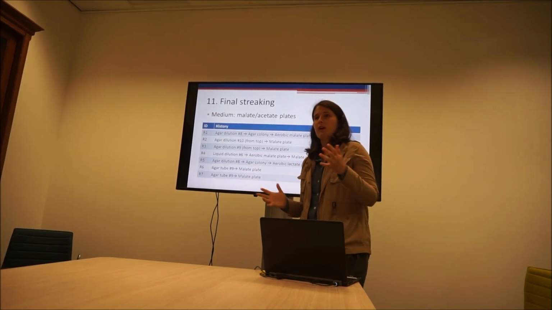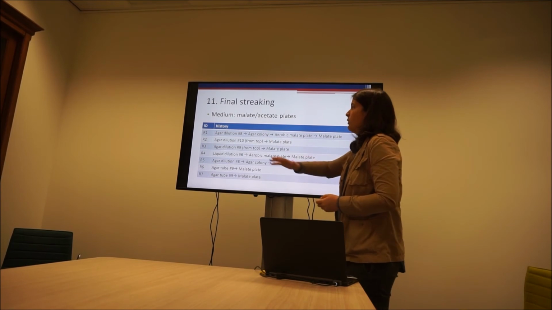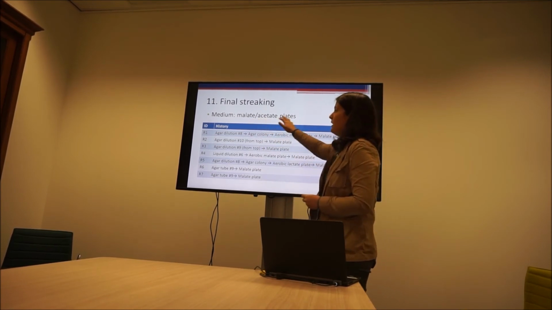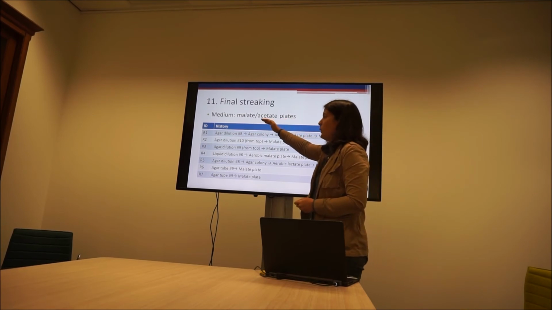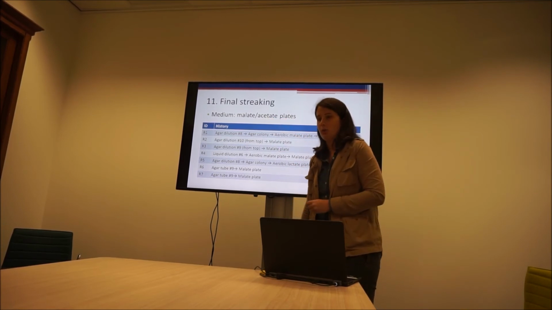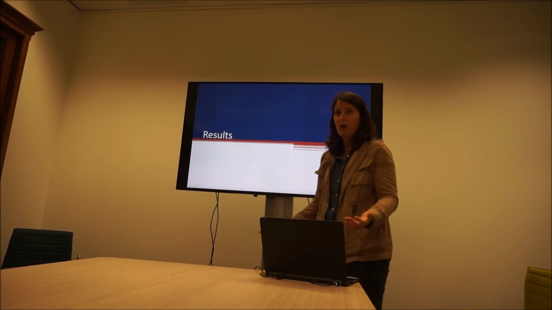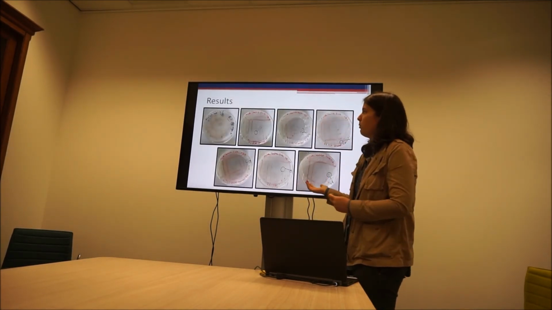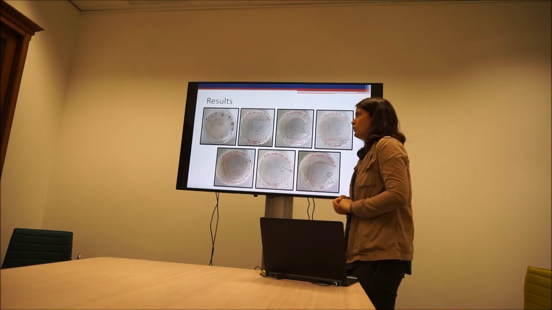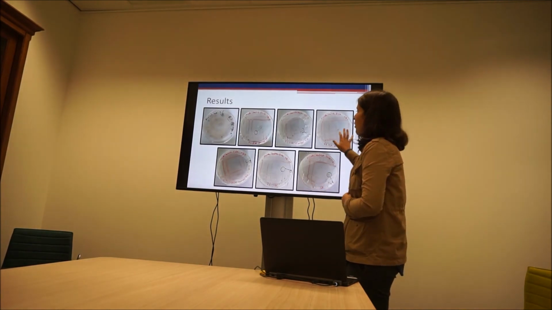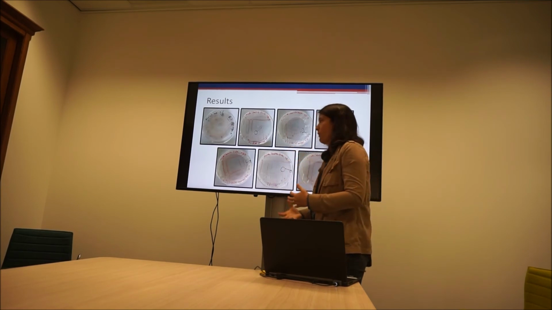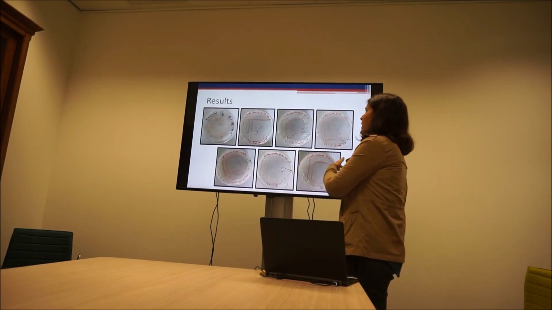And so for the very last experiment, we did a final streaking. We did a streaking on malate and acetate plates, and at this time, we had 7 possible pure cultures. And so now I can share our results. We can see here that we have 7 very likely pure cultures. All of them demonstrate that reddish, purplish growth on these acetate malate plates.